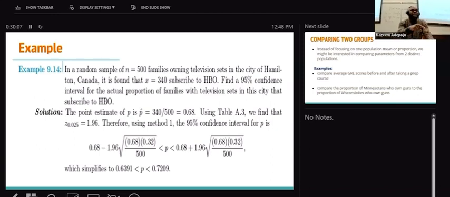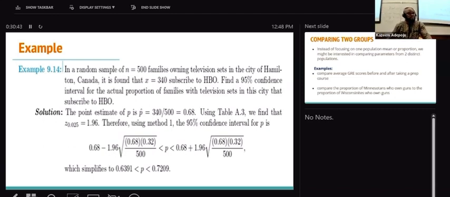And that's why we need a confidence interval. Now plugging that in, we got a p. Now this is going to make sense. We're going to say the proportion of those who own TVs in this city that actually subscribe to HBO is going to be between 63.91% and 72.09%. That makes more sense compared to when I just say, okay, 68%.